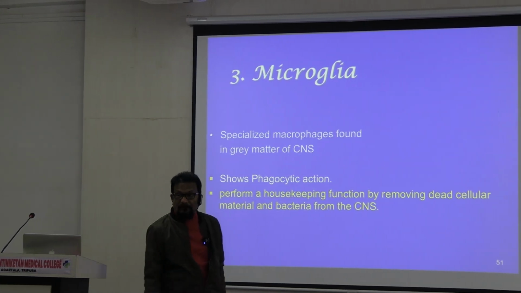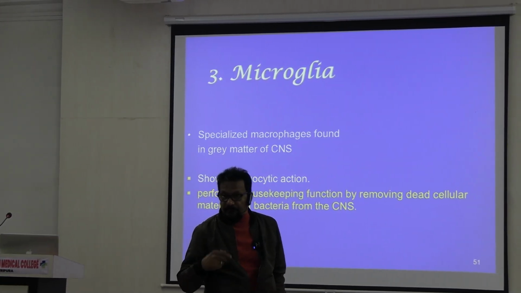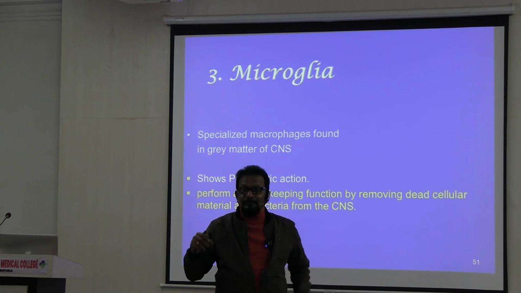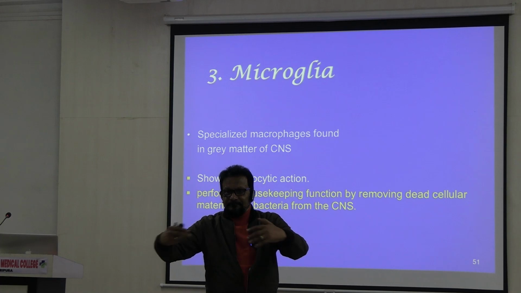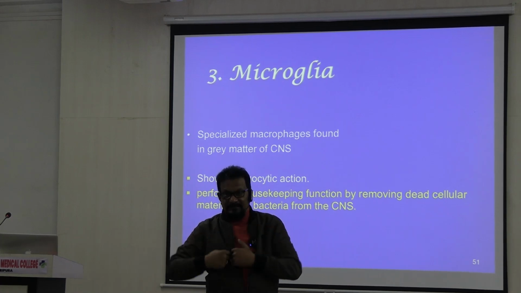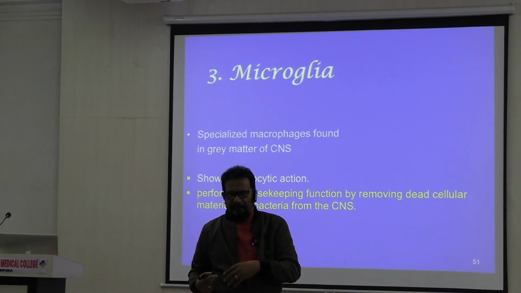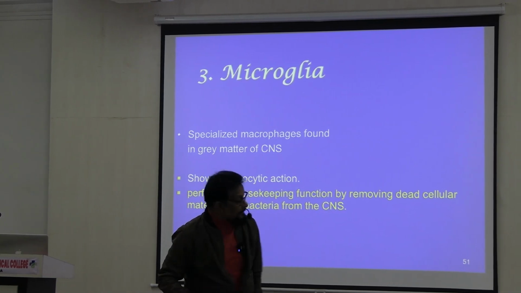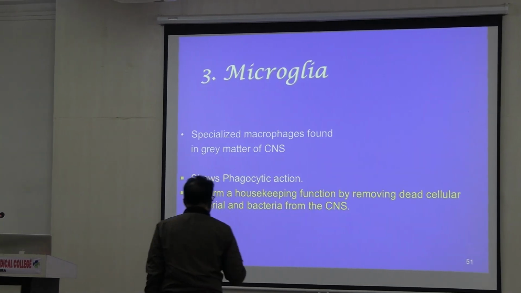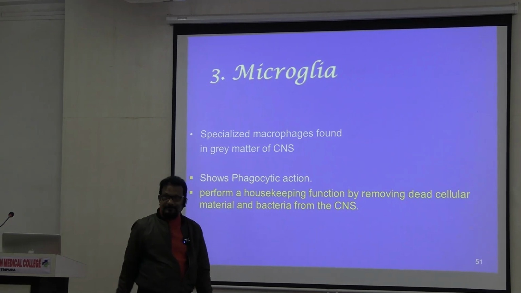Specialized macrophages are seen. We know the macrophages are phagocytic in nature. If anything is abnormal, if any cell is dead, they immediately capture it and destroy it. So that is their function. They perform a housekeeping function.